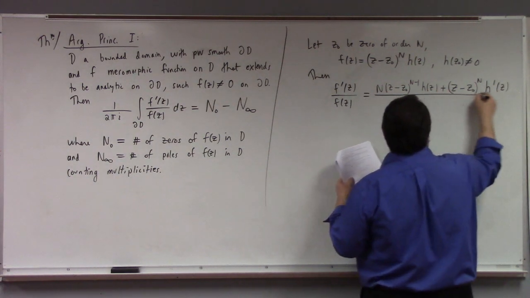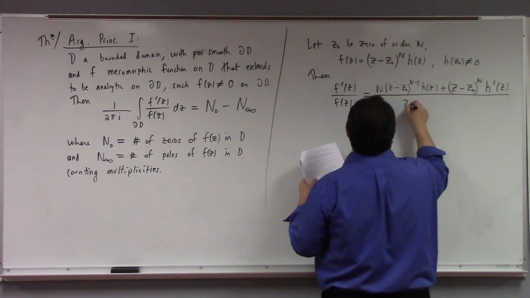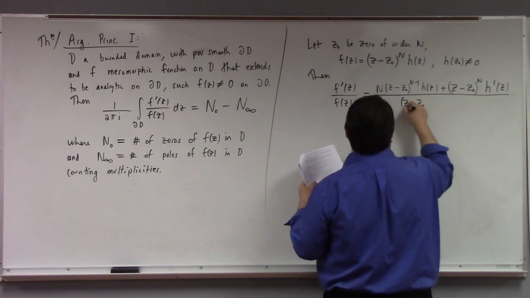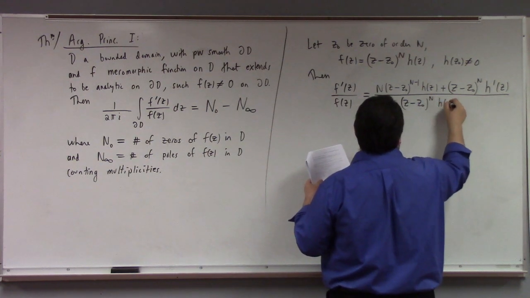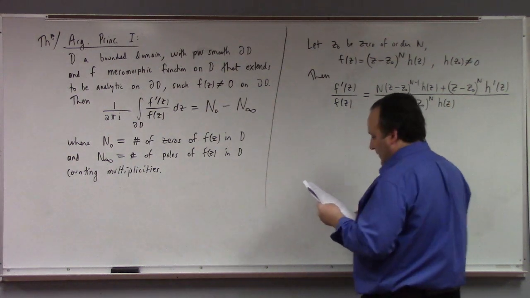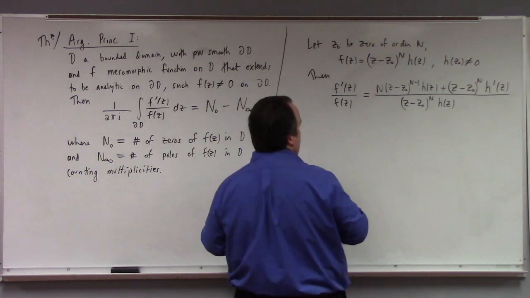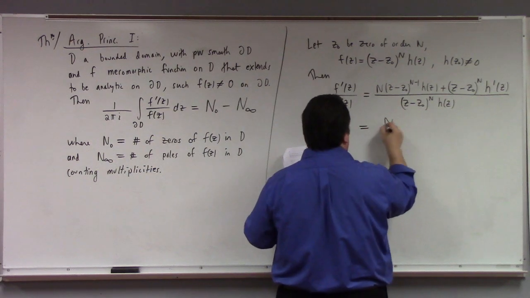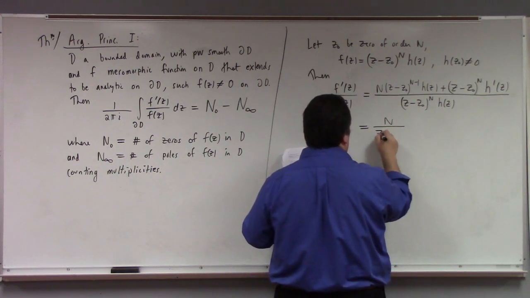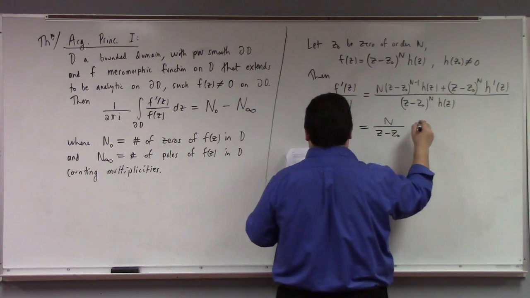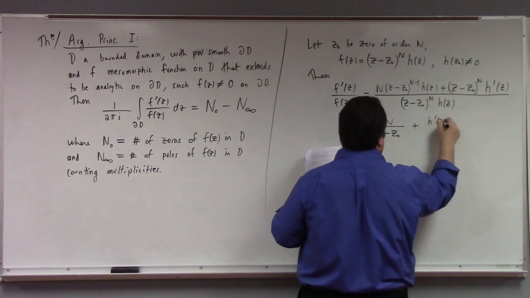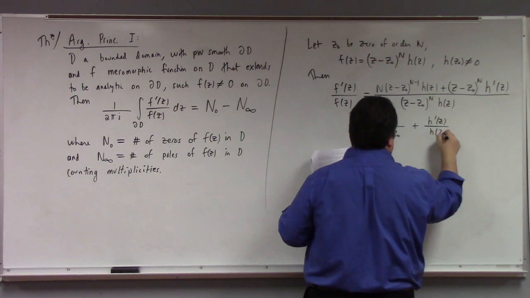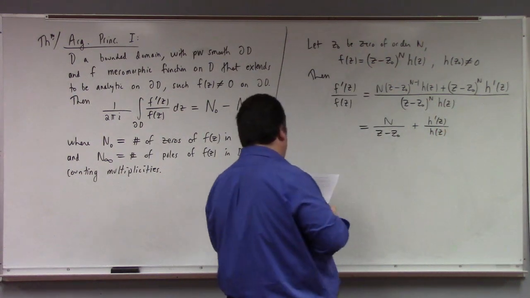Product rule for f prime, and then I'm dividing by z minus z naught to the power n times h of z down here. And so if you clean that up, you're just left with n over z minus z naught plus h prime of z over h of z, right?